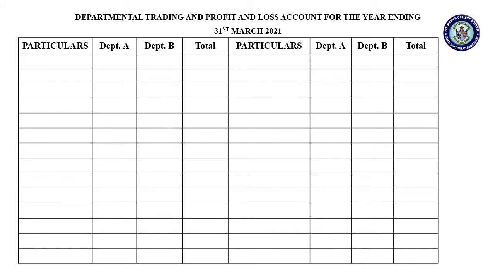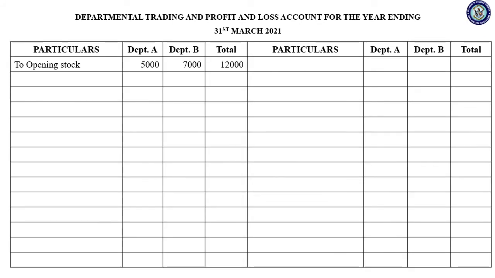Okay, so let's start. Trading account always starts with opening stock. Opening stock is an expense, so you write to opening stock: 5,000, 7,000, 12,000, as given.